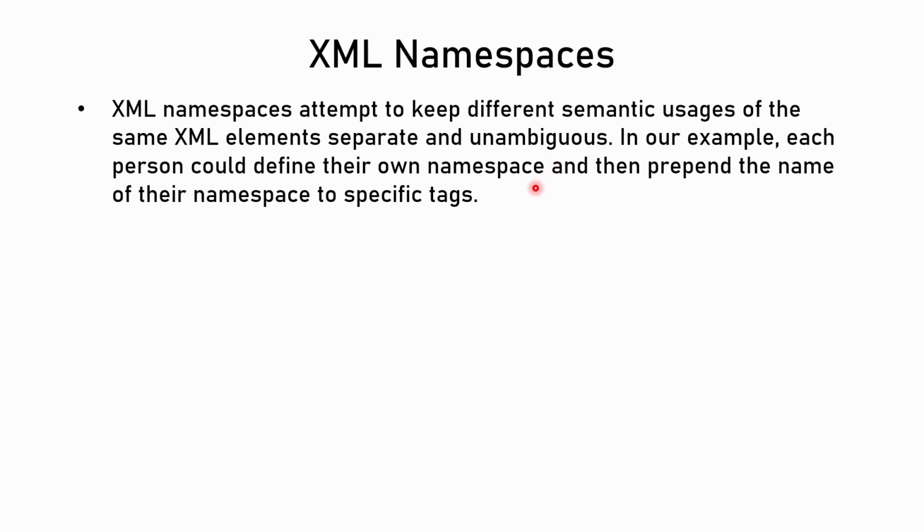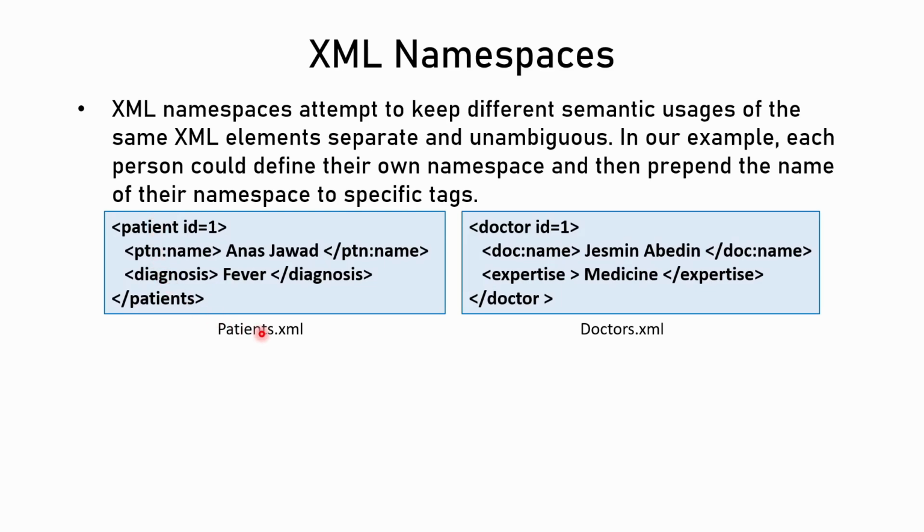In our example, each person could define their own namespace and then prepend the name of their namespace to specific tags. So let's again take a look at our examples. Now you can see that in case of patients, we have prepended the prefix ptn before our name element, and in case of doctors, we have prepended the doc namespace before the name element.